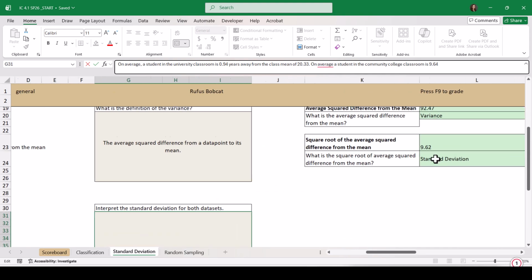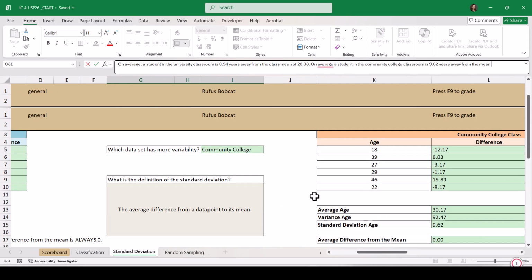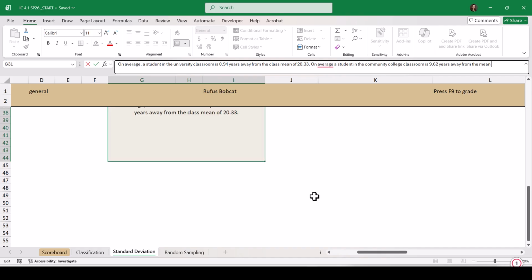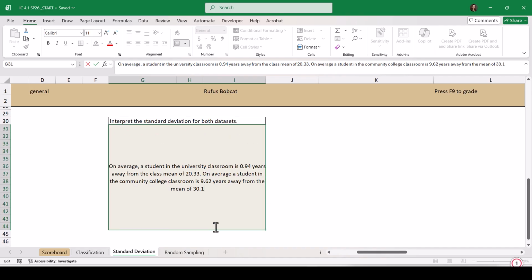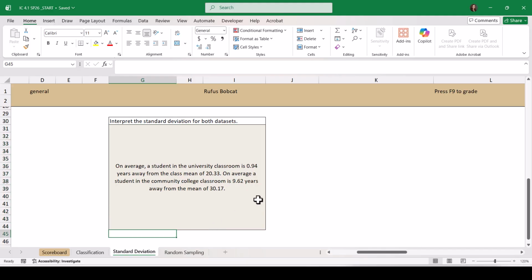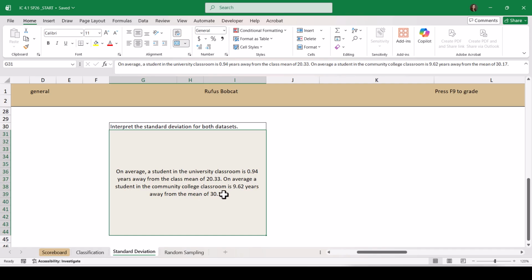Let's check. 9.62 years away from the mean, and their mean was 30.17. All right, so again, the community classroom had more variability or more differences, so they are going to have a larger standard deviation. That means that their values are farther away from the mean.